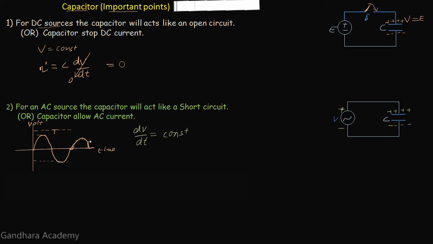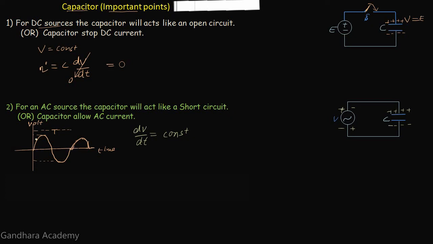Now at the moment when the polarity changes from positive to negative and from negative to positive, the positive terminal will attract the stored electrons from this bottom plate, and the negative terminal will repel electrons towards this plate. As a result, there will be no net charge for a full cycle.